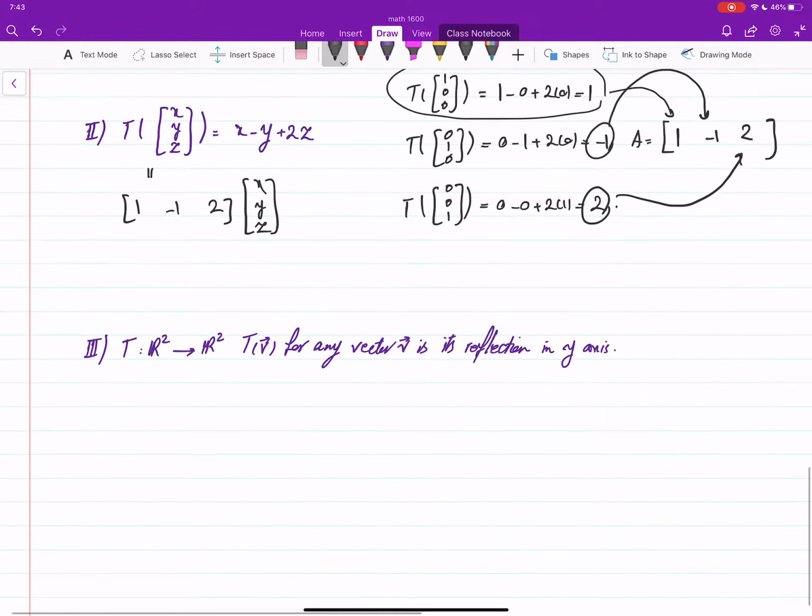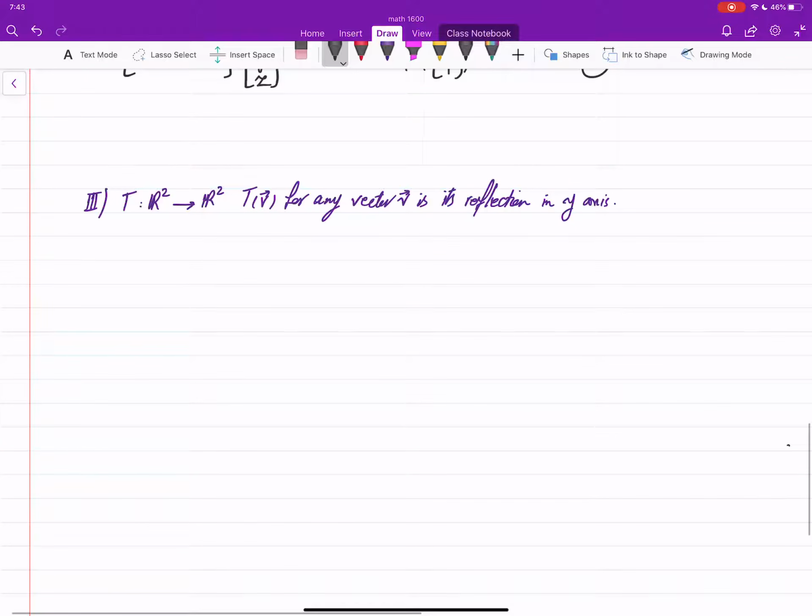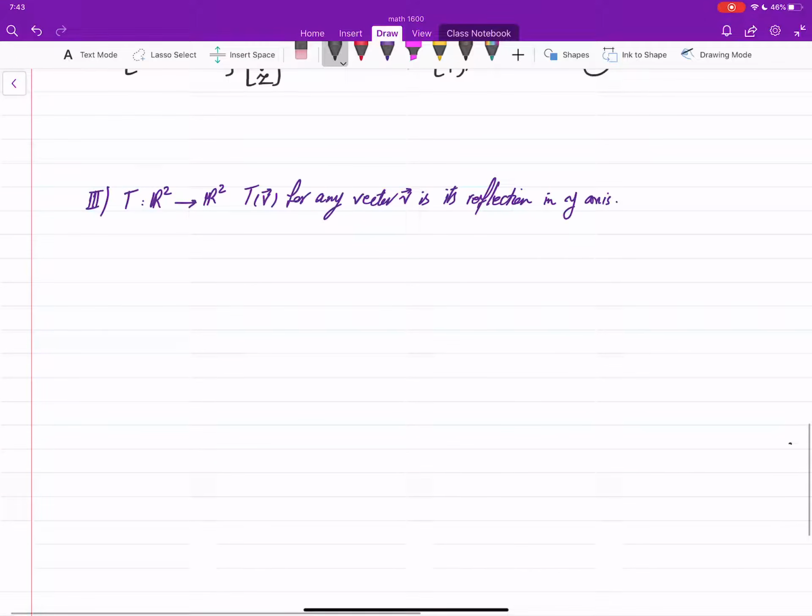Last example. We have a transformation which sends v to its reflection in the y axis. So if it is, say, (x, y) here, it sends to the reflection of that. But what does reflection in the y axis do?